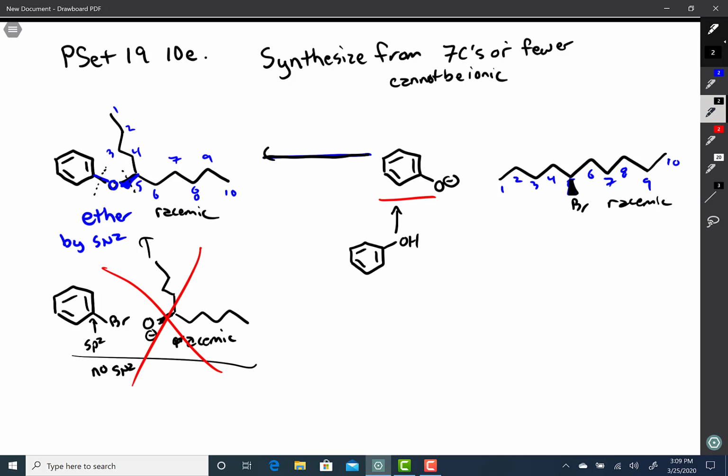Or in this case, technically, we make it from the phenol. And we essentially deprotonate this. You can use sodium hydride, but that's overkill. In real life, chances are you would just use sodium hydroxide or potassium carbonate, either one.